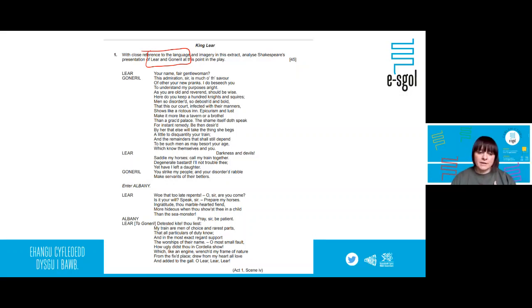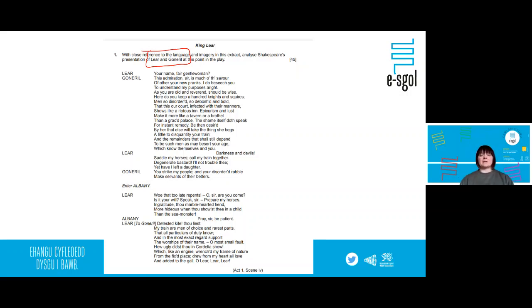As you read through this particular extract, what will be evident is the conflict between father and daughter here. What becomes quite clear right from the outset is the fact that Goneril is evidently in control, and there's this presentation of Lear as this almost kind of difficult house guest.